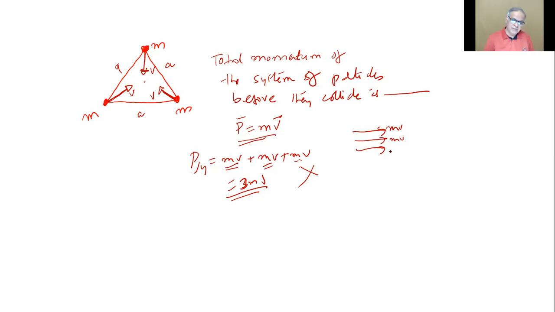So that's not correct. Why can't we do like that? Because momenta are vectors.